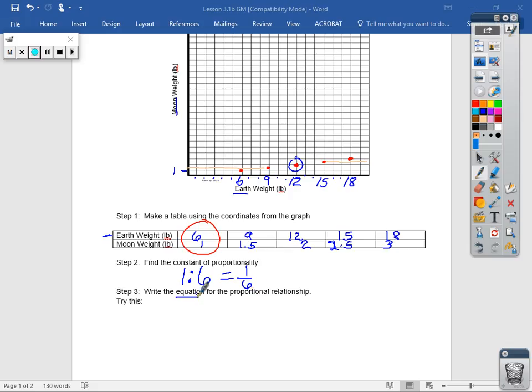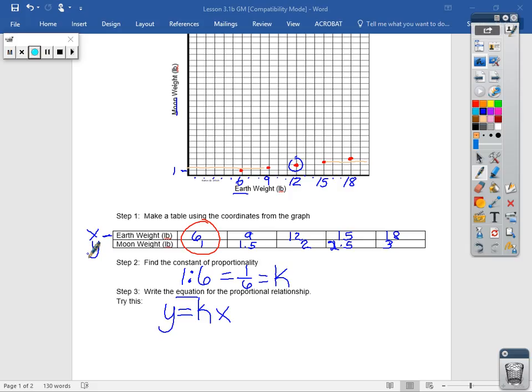because our next step is to write an equation. So remember, our equation is y equals kx, and our 1/6 equals k, so we can plug that in for k. And our weight on the Earth is our x, and our weight on the moon is our y.